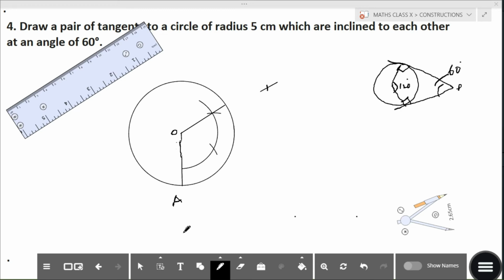Now at the point A and at the point B, you have to construct an angle of 90 degrees. And again, you know how to construct the angle of 90 degrees using compasses.